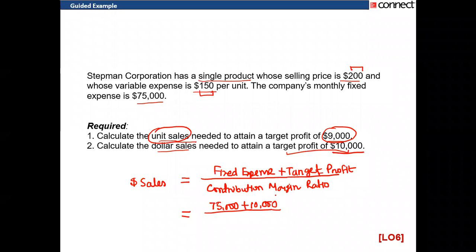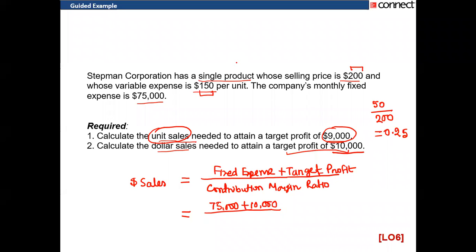How can I find the contribution margin ratio? If we subtract the variable expense of 150 from 200, we have a contribution of 50 for each unit. If we divide this contribution margin per unit by the sales price of 200 per unit, we get the contribution margin ratio. Is it 25 or 25%? What do you think?